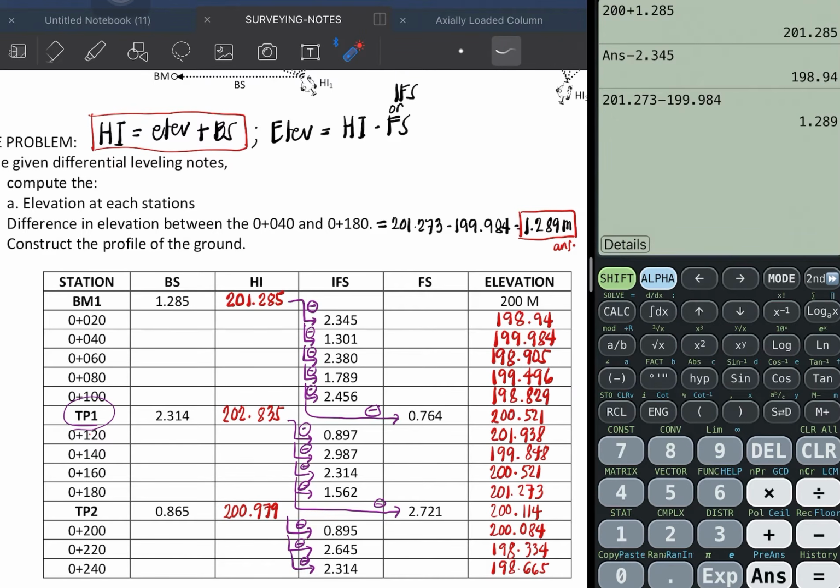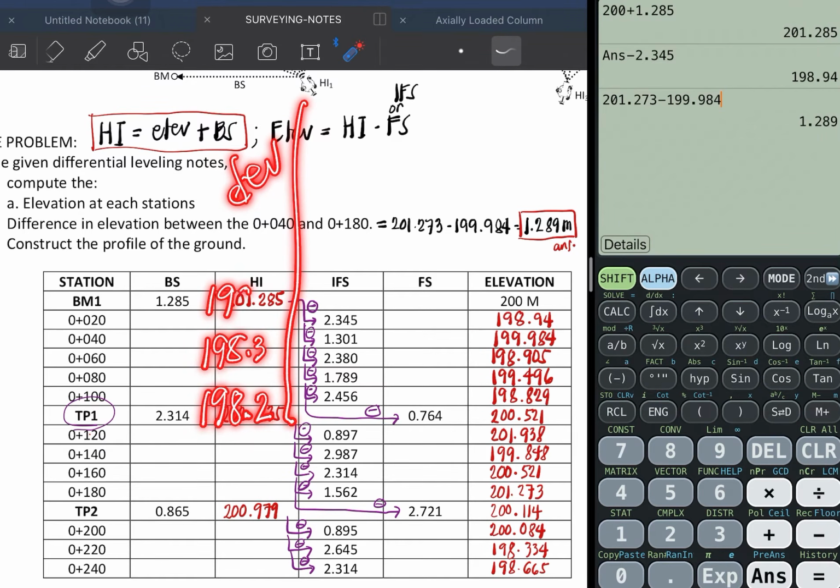And then to construct the profile of the ground, as I discussed earlier, you have the lowest elevation of 198.334. So you can have your elevation axis here: 198.2, then 198.3, 198.4, up to 202.